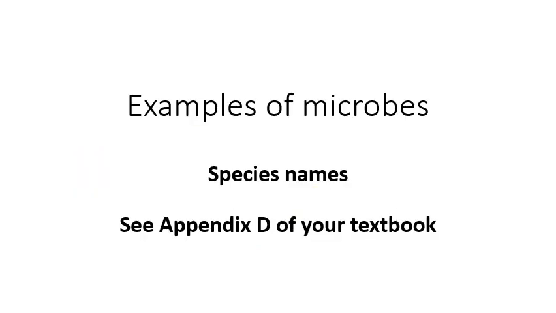Okay, so I'm just going to quickly go through this. In Appendix B of your textbook, there are some useful resources for you to look things up, because in Appendix D, they list bacteria and viruses by families, and they also list the diseases that they cause. So this course is very biased in favor of teaching clinical microbiology.